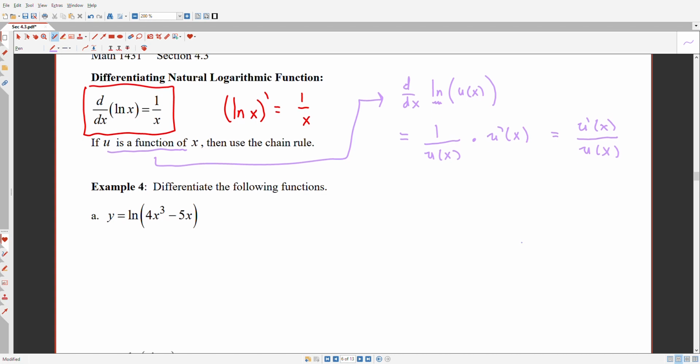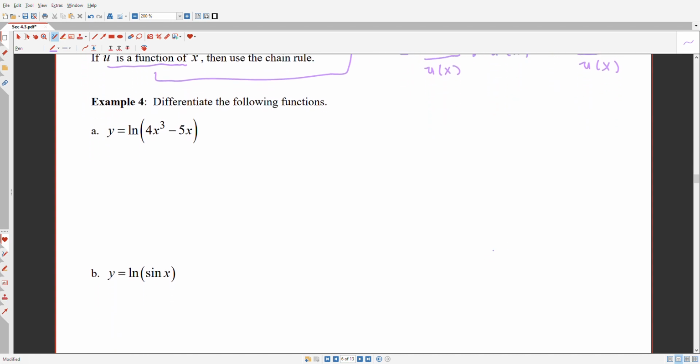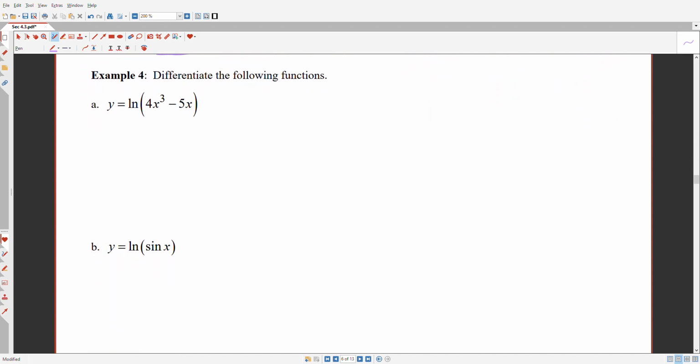Okay, so let's try that here in example 4. It says differentiate the following functions. So if I want to consider dy dx, or y prime, well, we're going to practice our new derivative rule. The derivative of natural log is 1 over.